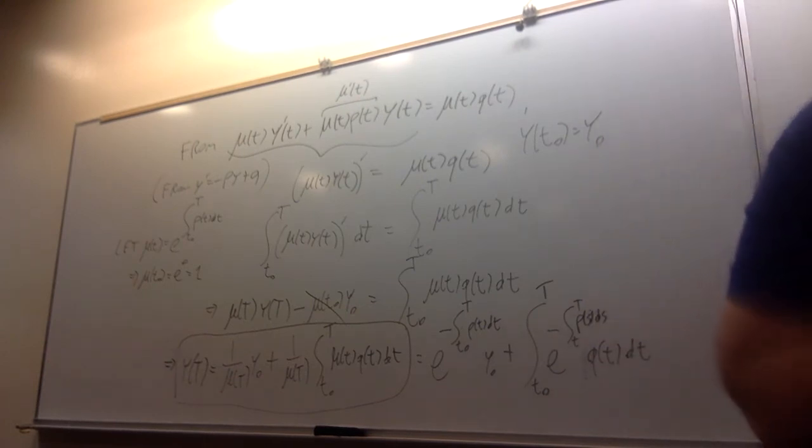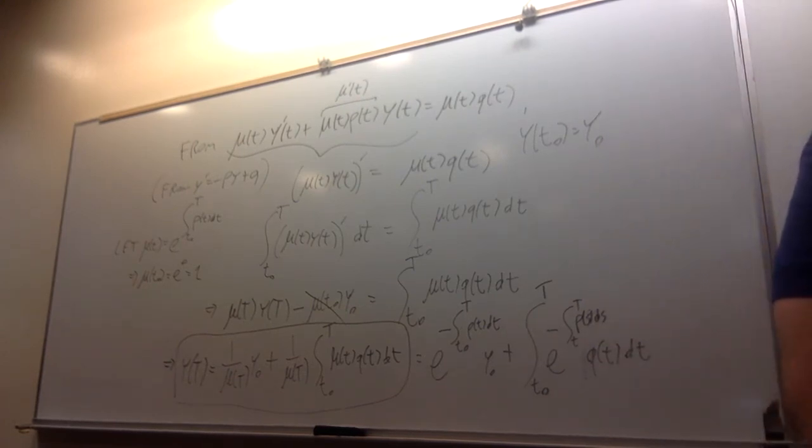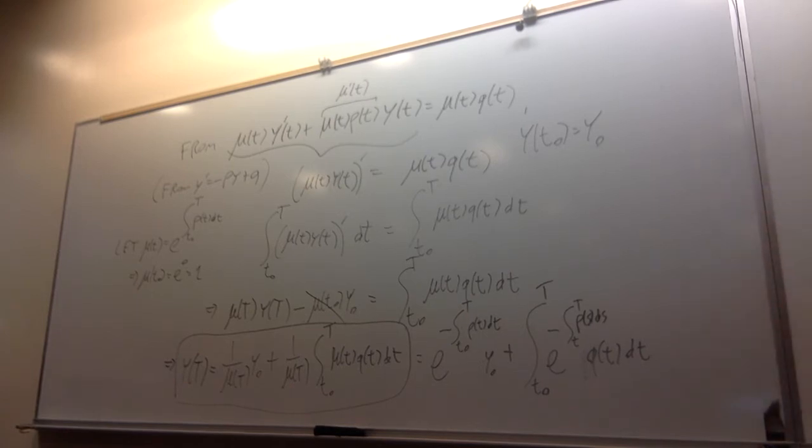Sorry, I just have to check something in my notes here. Now, for whatever problem you're given involving a linear equation, you can always use this solution formula over here.